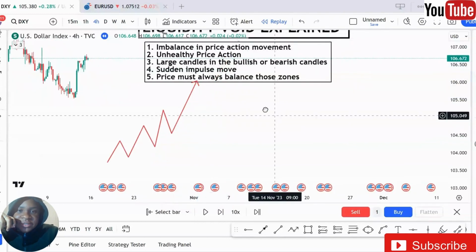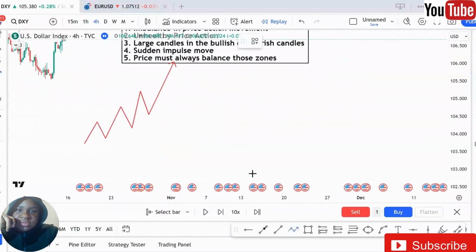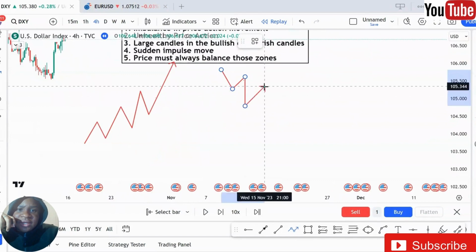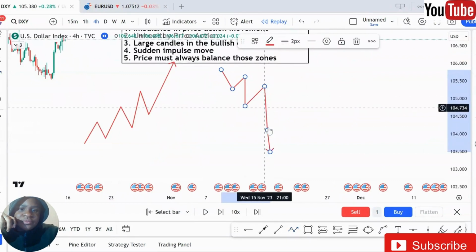Let me give an example again, using a bearish scenario: higher low, higher high, higher low, higher high, higher low, like a long one. Now this is how the candles would look.